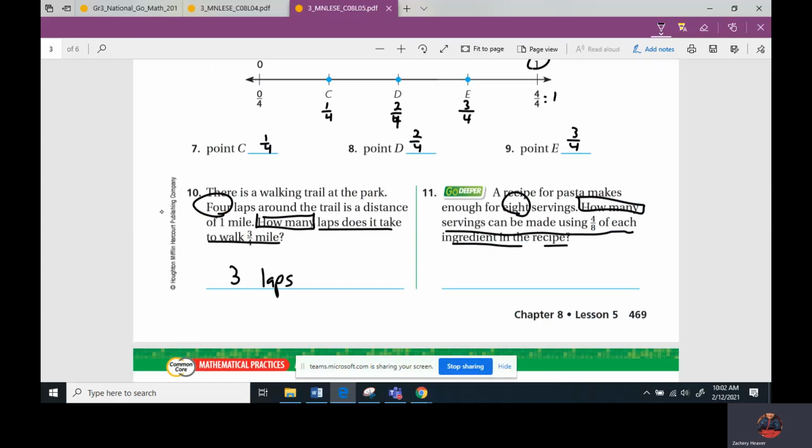But if you use 4 out of 8, you can only make 4 servings. Okay, focus on the numerator there.